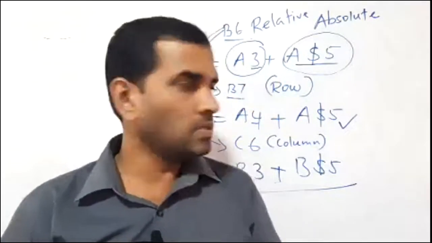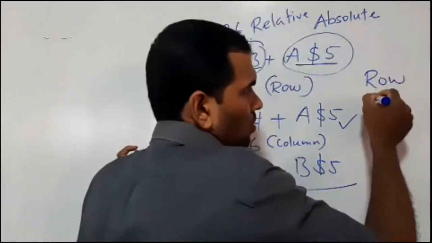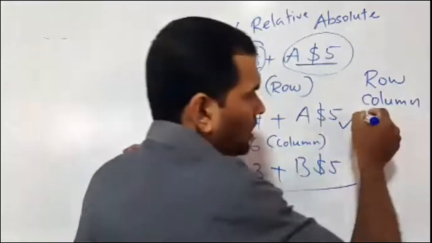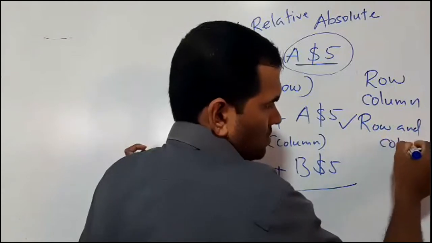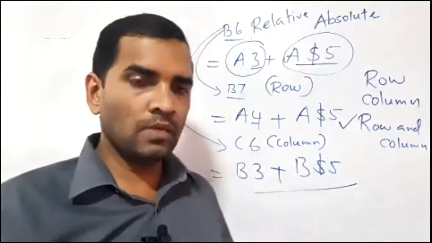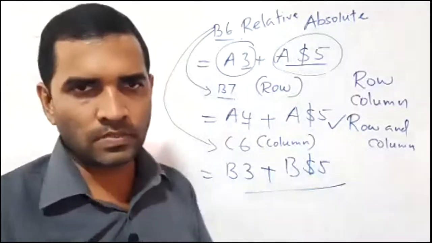They are row absolute, column absolute, and row and column absolute cell address. So you have three different cell addresses.